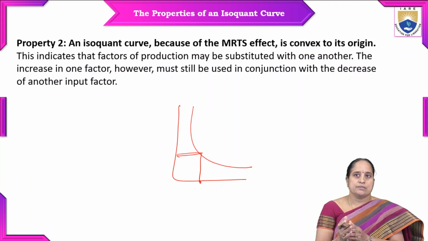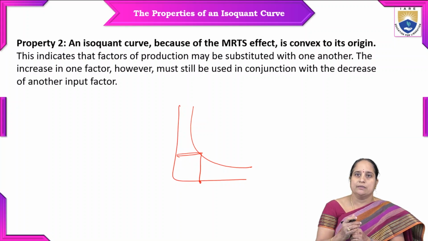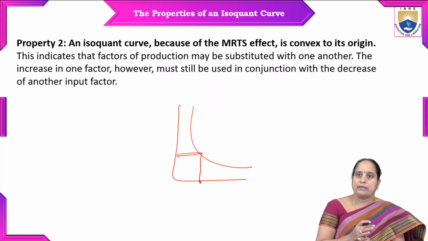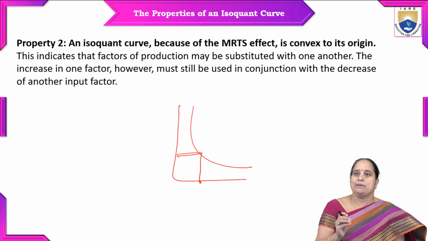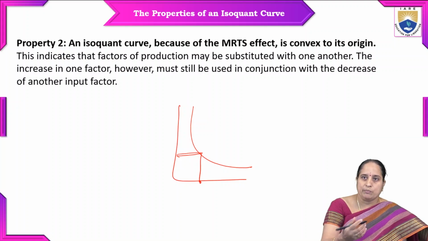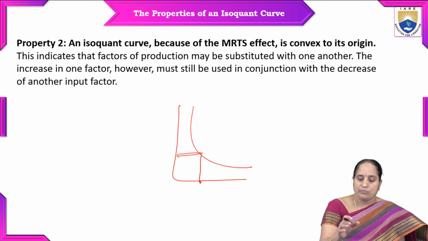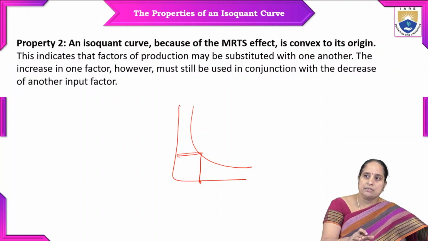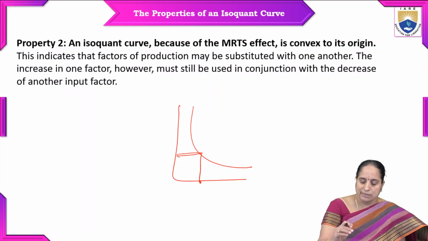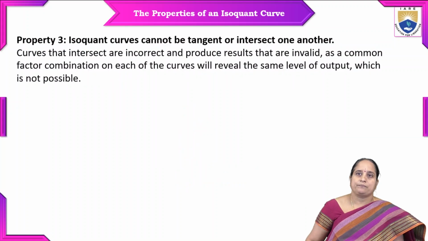The increase in one factor, however, must still be used in conjunction with the decrease of another input factor. So if you are going to maximize the capital, then you are going to minimize the labor. And if you are minimizing the capital, you have to maximize the labor.